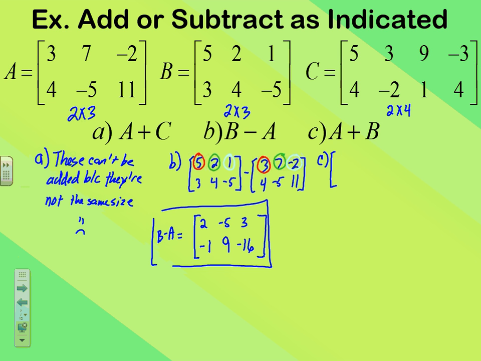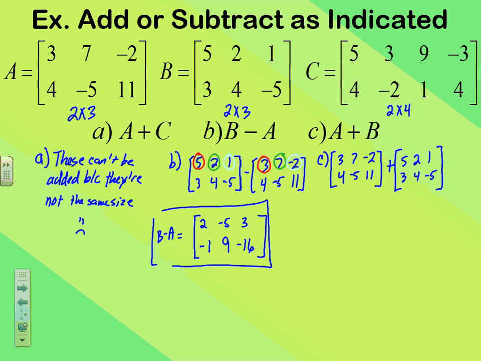So they said A plus B. So A plus B is going to be the 3, the 7, and the -2 for that row, the 4, the -5, and the 11 for that row. And then we'll say plus. And the next matrix, that's where I'm going to say the 5, the 2, and the 1, and then the 3, the 4, and the -5.